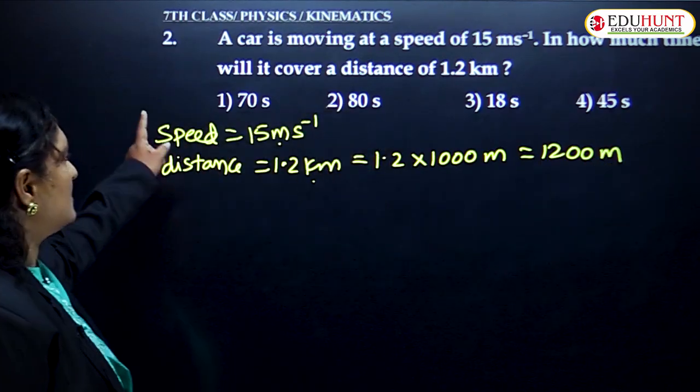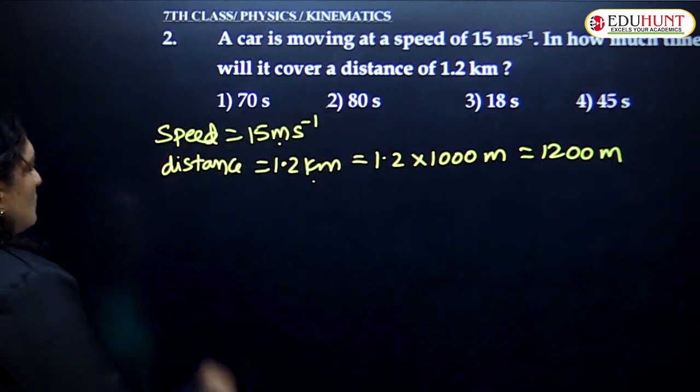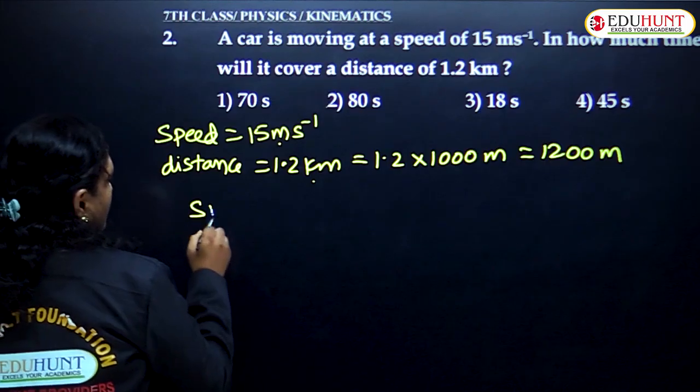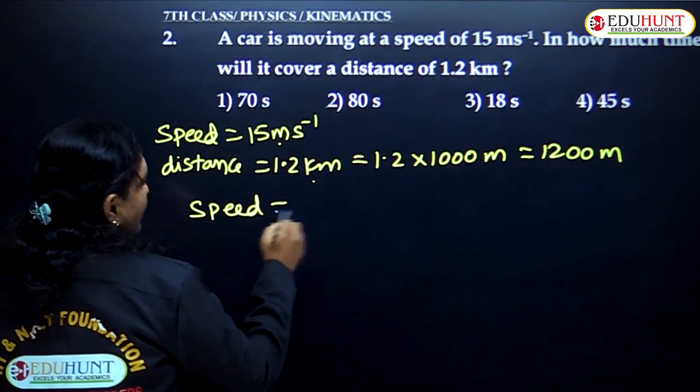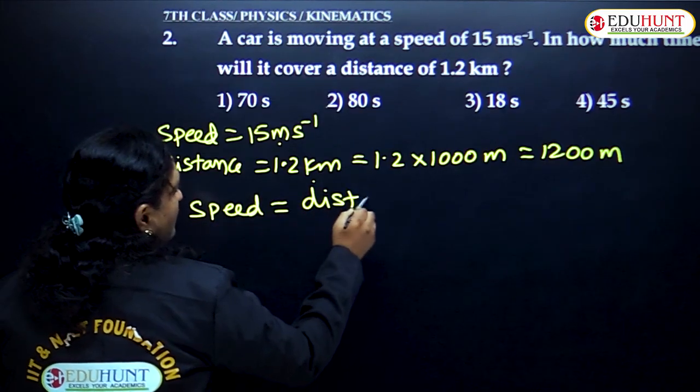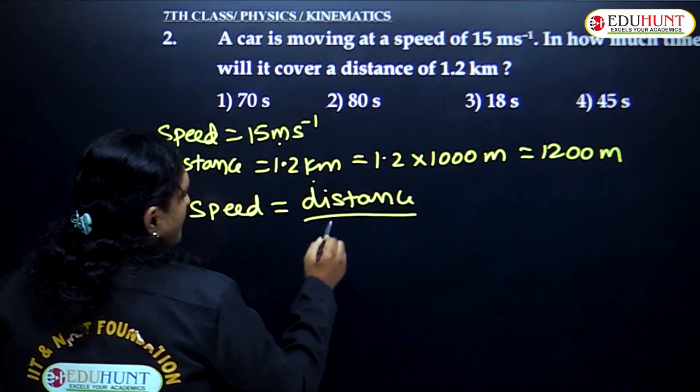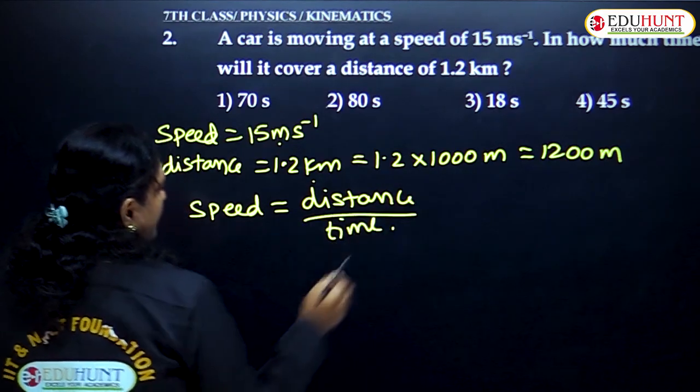So speed is given, distance is given. We know that speed is equal to distance by time.